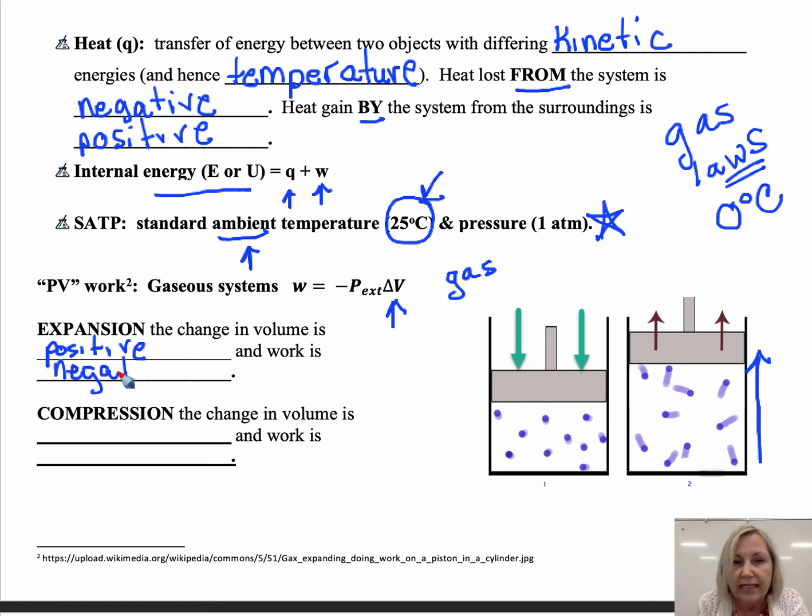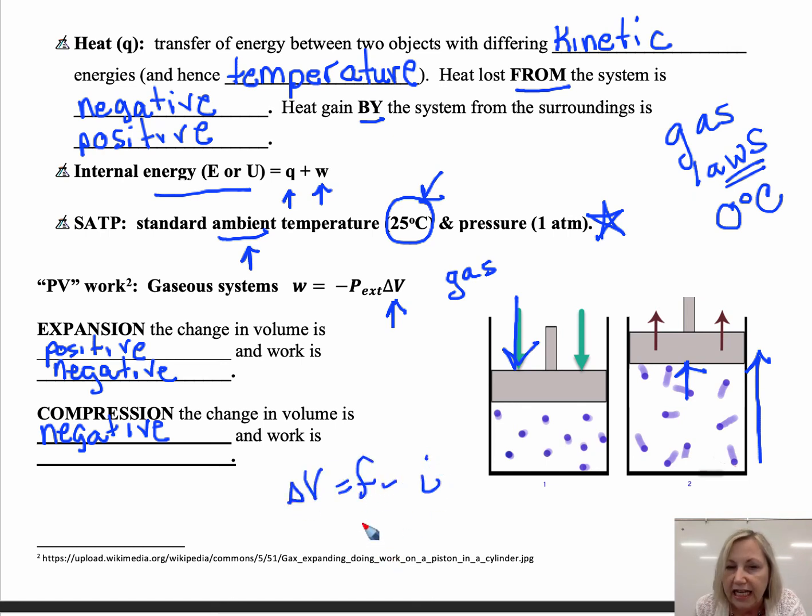That's a situation in which my system is doing work on the surroundings. Now, if the surroundings are doing the work, my change in volume is negative. So remember, delta V is final minus initial. And if my final is a smaller value than my initial, I'm going to get a negative delta V. A negative delta V times the negative in the formula would mean that work would be positive.